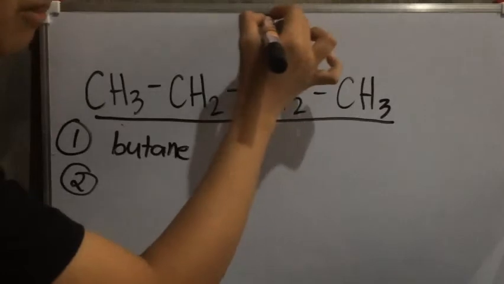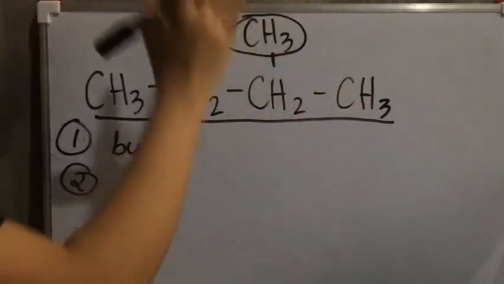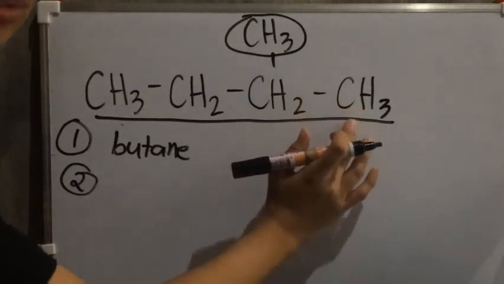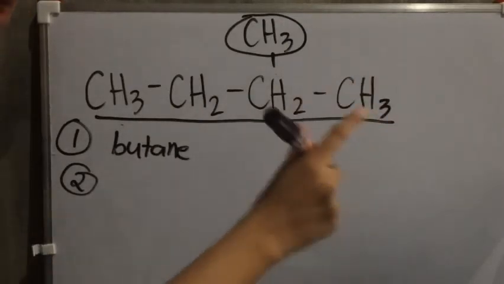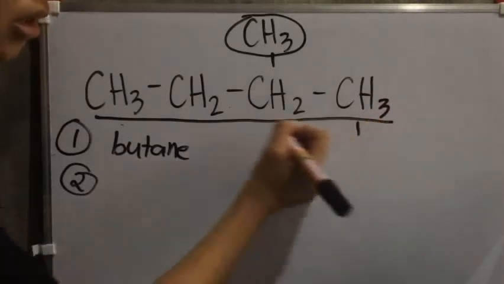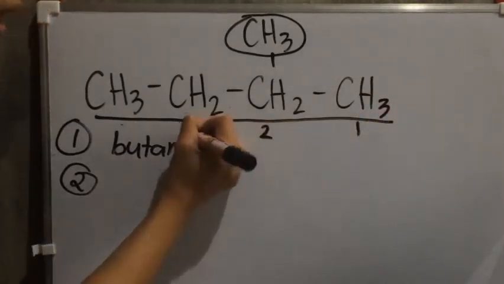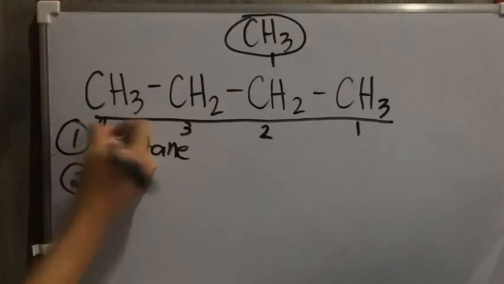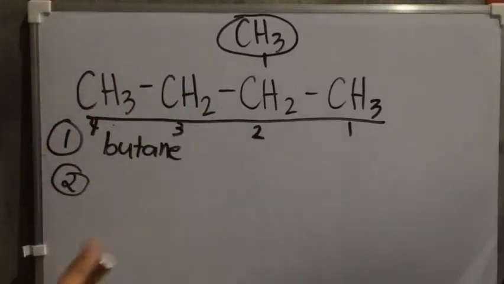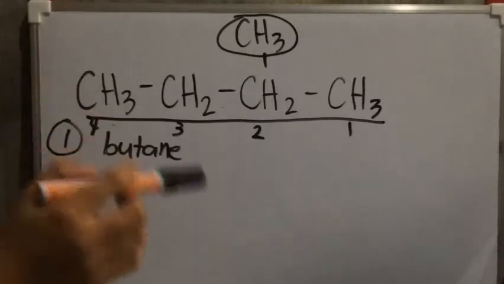Ito yung ating branch group, di ba? Ayan, yan yung sumanga. Okay, so saan siya pinakamalapit? Pinakamalapit siya dito sa dulo. So, we're going to number the carbon starting from here. So, carbon 1, 2, 3, and 4. So, yun yung ating step 2.